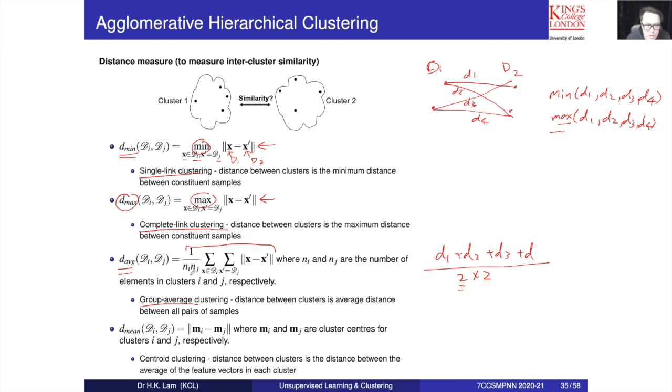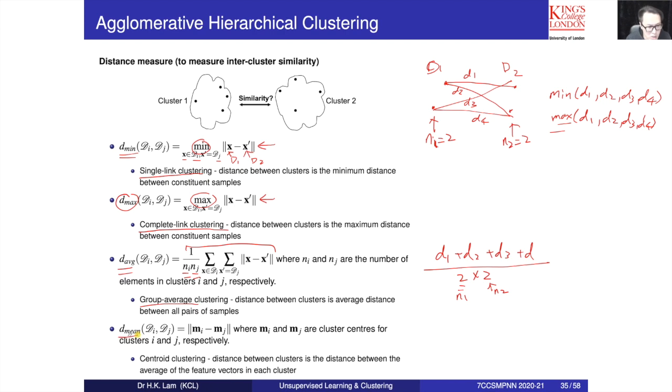The first 2 is Ni, the number of samples in D1, that is N1, which is 2, and the second is Nj, the number of samples in the jth cluster, N2, which is also 2. We just find the average distance between these two clusters.